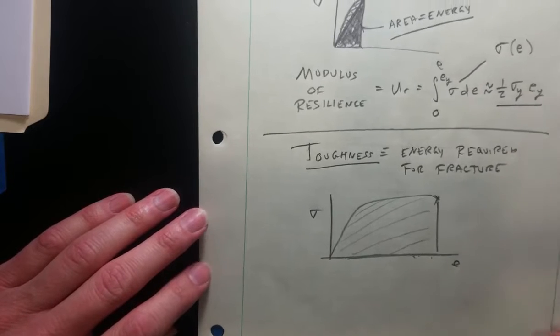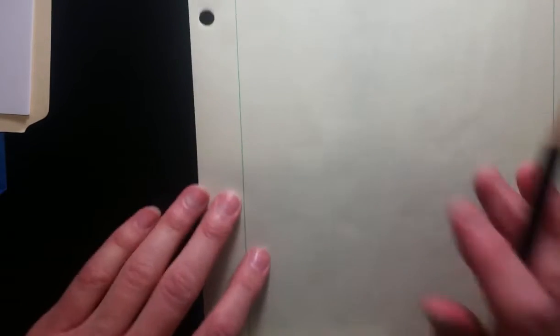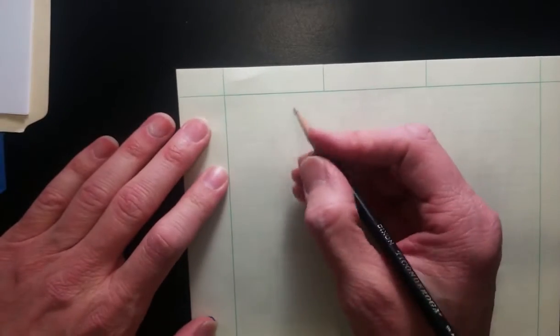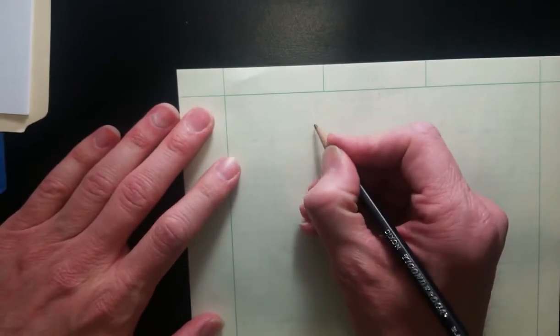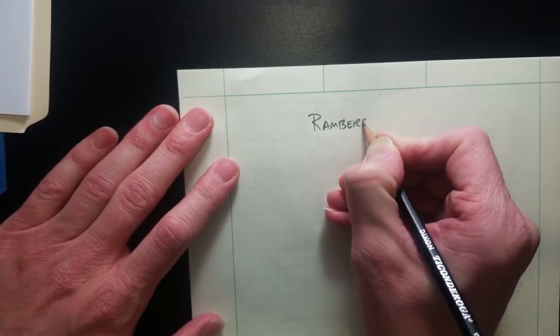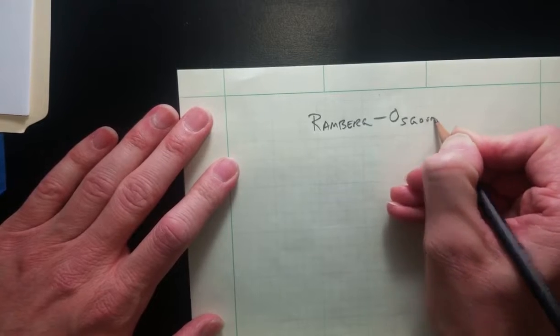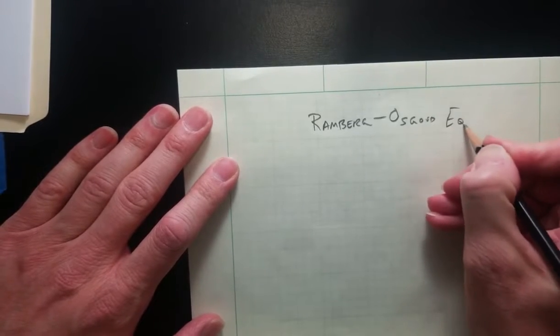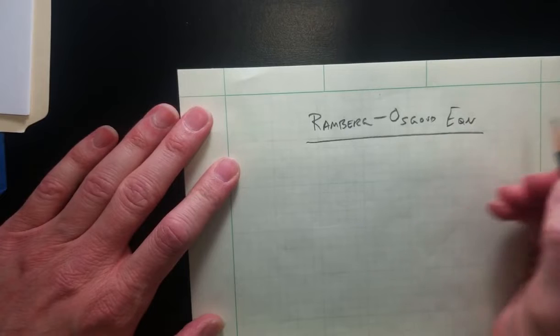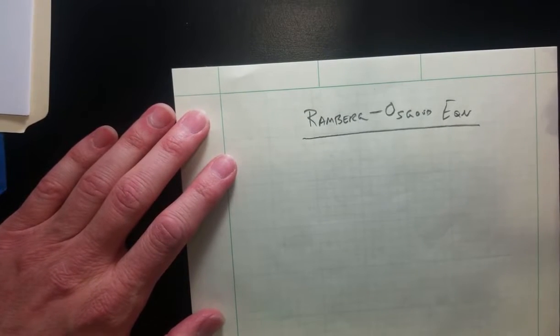The next concept I want to discuss with you is the Ramberg-Osgood equation. So the Ramberg-Osgood equation is really an idealized stress-strain curve.